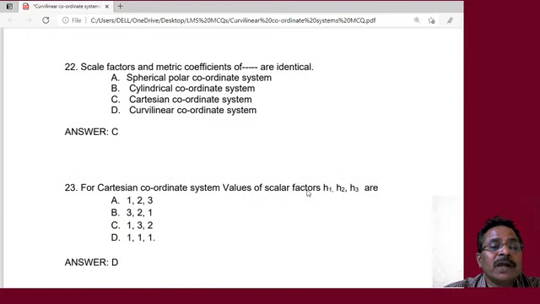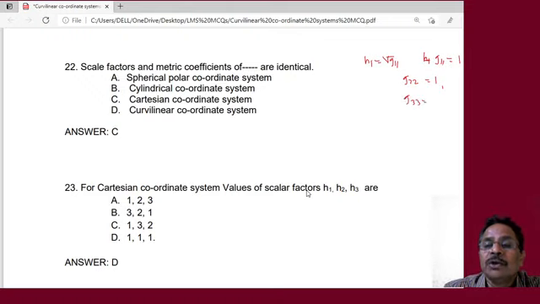Question 22, scale factors and metric coefficients are identical. So go for studying all these types of systems. You will find that for the Cartesian coordinate system, h1 is the root of g11, and g11 is equal to 1, therefore h1 is also equal to 1. g22 is equal to 1, and therefore h2 is also equal to 1. g33 is equal to 1, therefore h3 is also equal to 1.